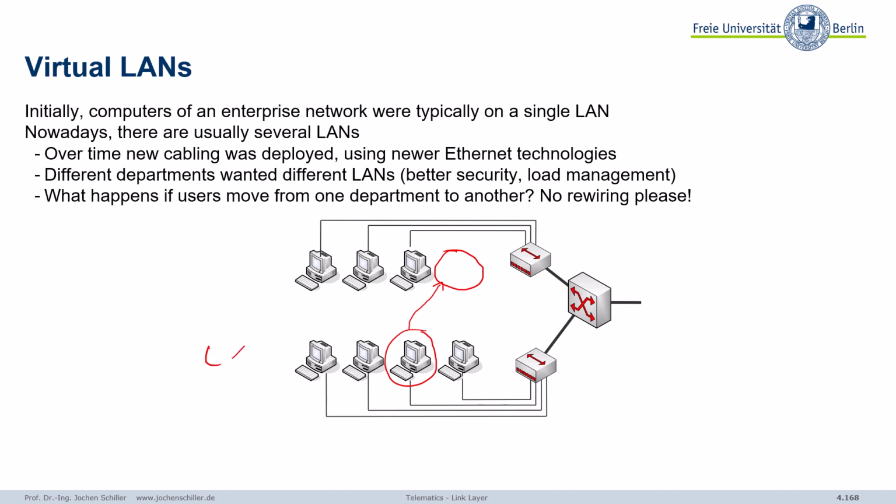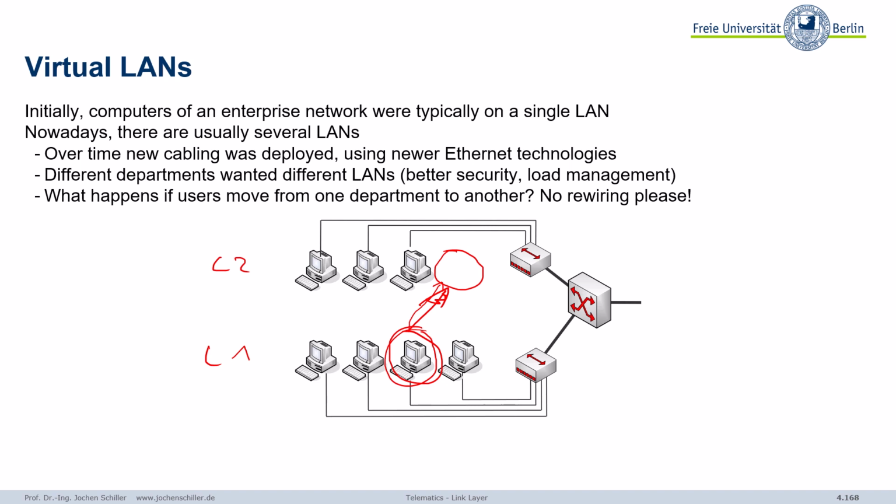So here we have maybe LAN 1, LAN 2, the physical structure. You cannot change it. You cannot rewire. You all worked here, that's nice, but now suddenly you have to move because there's not enough space in the office. But you still want to feel like being part of L1, although you're now sitting in L2 in the network.